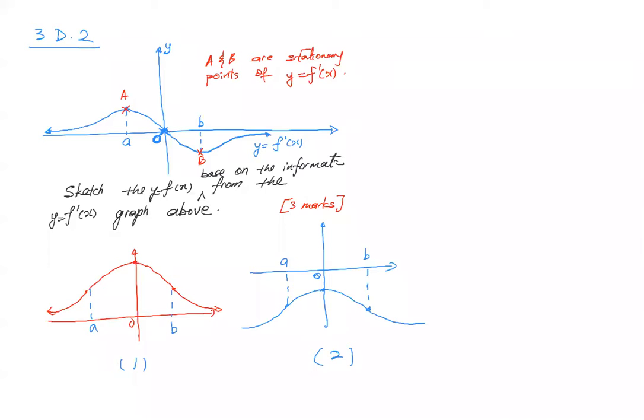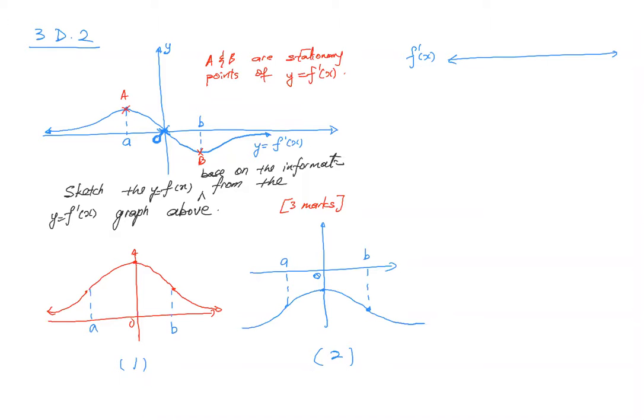Okay, so for those who cannot see, what is important is you have to know the shape of f(x). So what you need to do is draw the sign diagram. You spend time. Draw the sign diagram for f prime x, because I give you the f prime x graph. So this is the x-intercept.